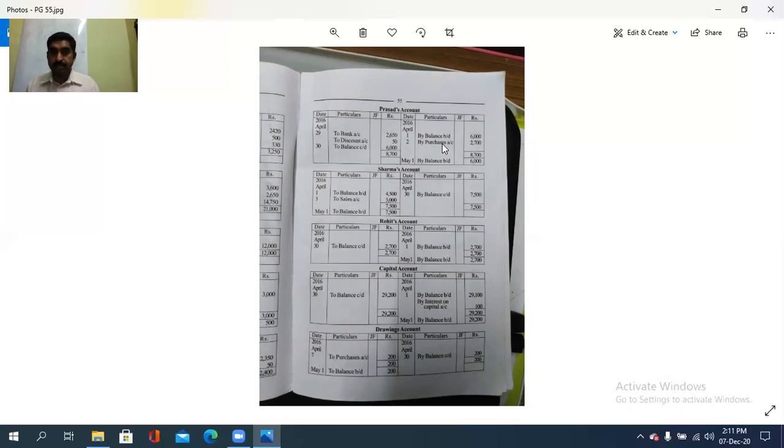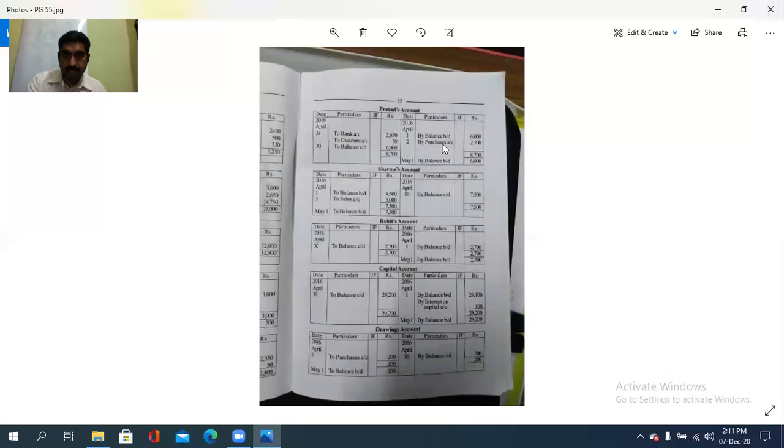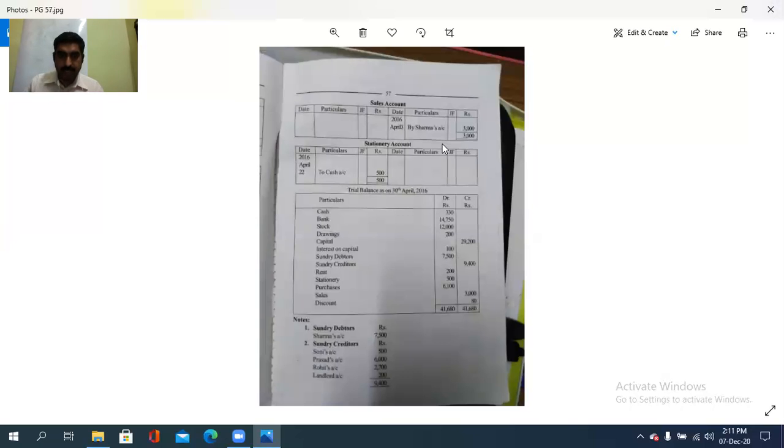Having a debit balance, that is the debtor, and having a credit balance, that is the creditor. So who all are there? Sony, then Prasad, Rohit, isn't it? Sony, Prasad, Rohit, and also the landlord. That is also a creditor.